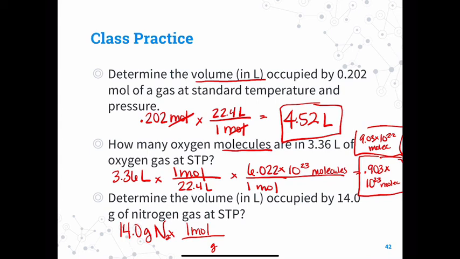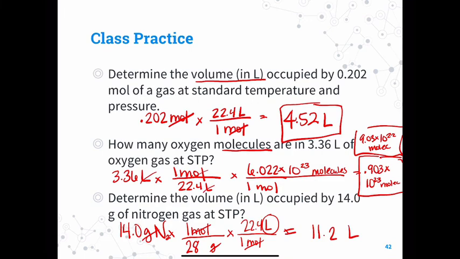So 1 nitrogen is 14, so N2 would be 28 grams per 1 mole. And we know 1 mole would be 22.4 liters. Okay? So 14 times 22.4 and then divided by 28 gives me 11.2 liters.